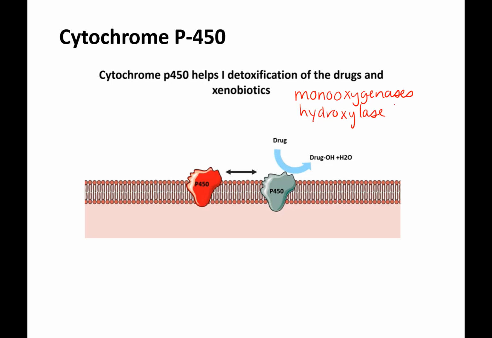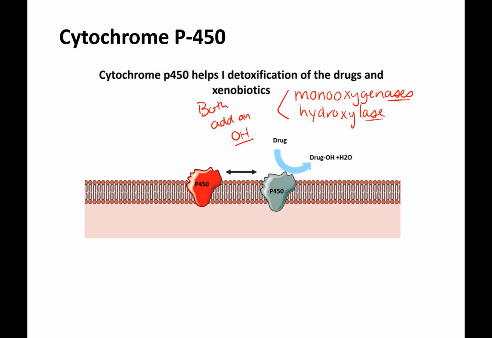Knew it didn't sound right. So remember, if you see the ASE ending, that means it's an enzyme. These both, as shown down here, add an OH group to a molecule.